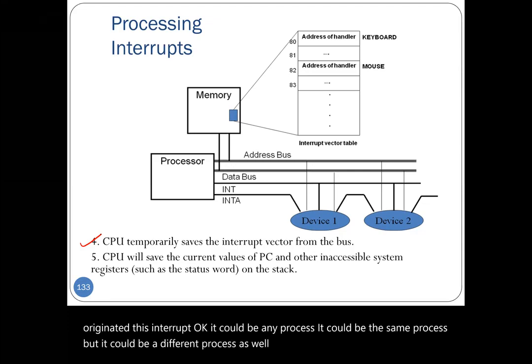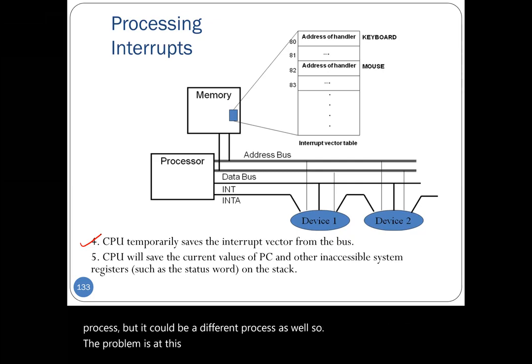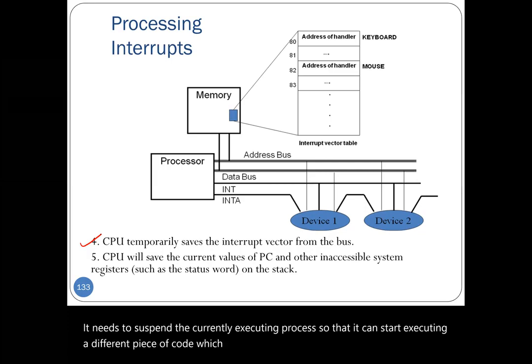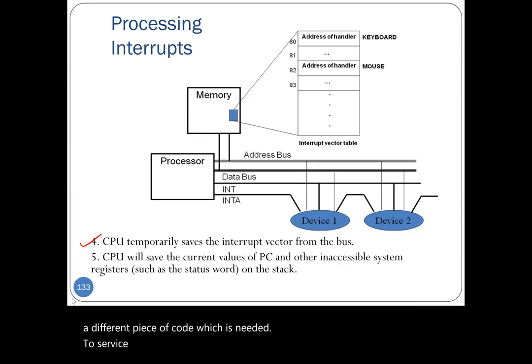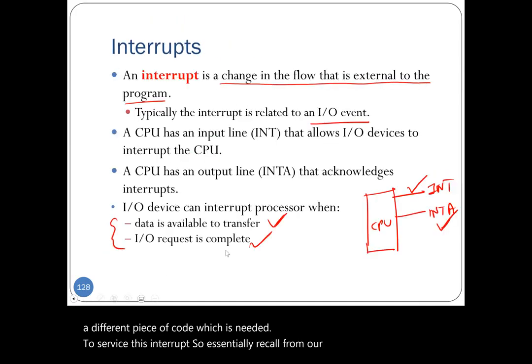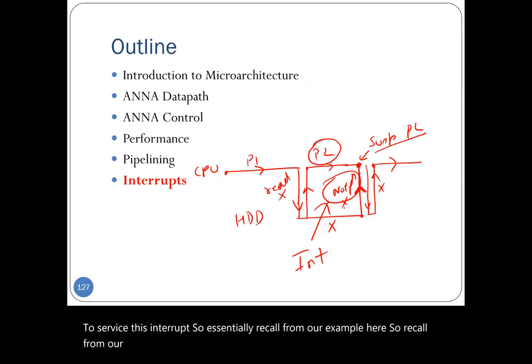So the problem is, at this point, when the CPU receives an interrupt, it needs to suspend the currently executing process so that it can start executing a different piece of code which is needed to service this interrupt. Recall from our motivating example. Note that when this interrupt notification was received by the CPU, P2 was executing, right?